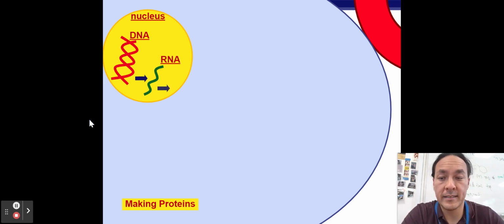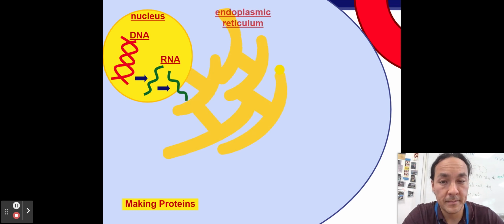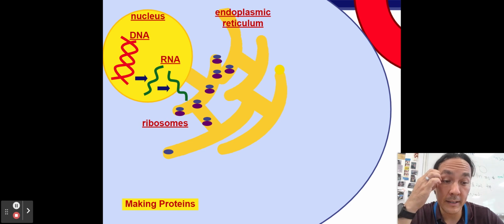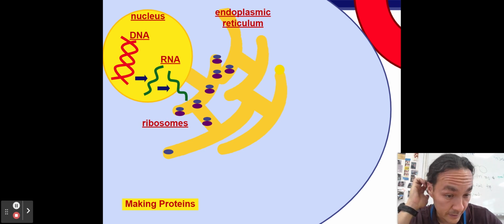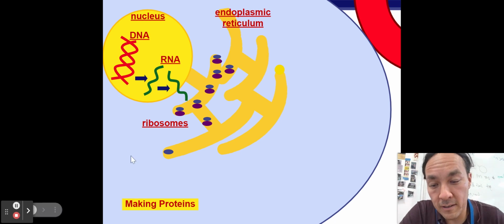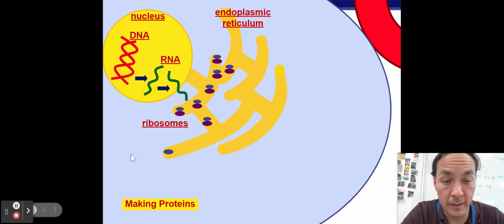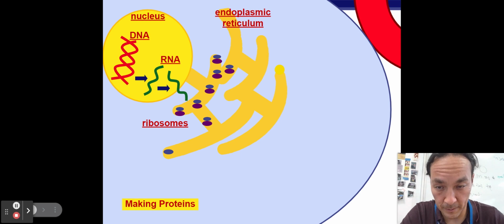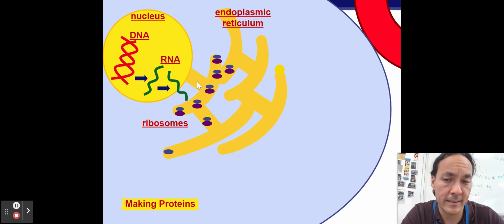RNA will exit the nucleus and go to the endoplasmic reticulum, on which are ribosomes. We call that the rough endoplasmic reticulum because it looks rough. It's got little bumps on it. This RNA can also migrate to free-floating ribosomes within the cell as well. For this instance, let's use the ribosomes on the ER.